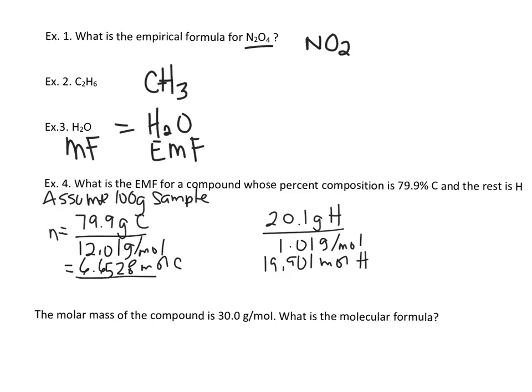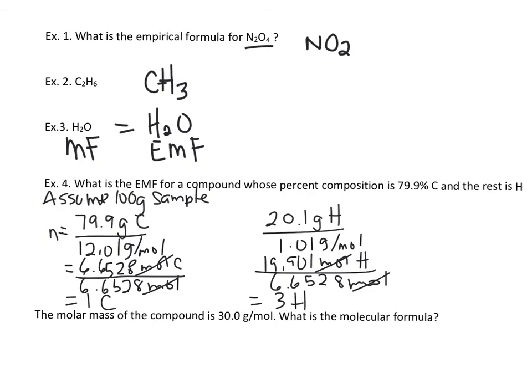So you take each one of these moles and divide by the smallest number. And this will give you your mole ratio. So there's 1 carbon and there are 3 hydrogens. So the empirical formula is CH3.